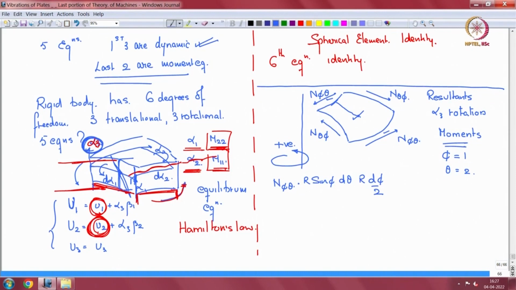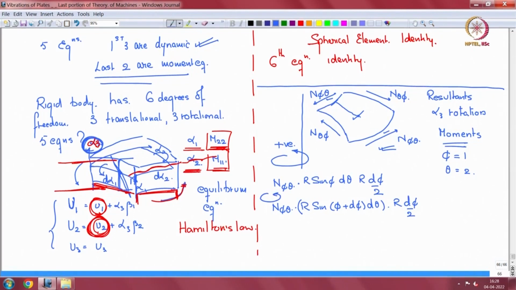Then next is the moment due to this, so let me include the increment, n phi theta into the incremented length, which is r sine of phi plus d phi d theta, again into r d phi by 2. Okay. So this is also in that direction.